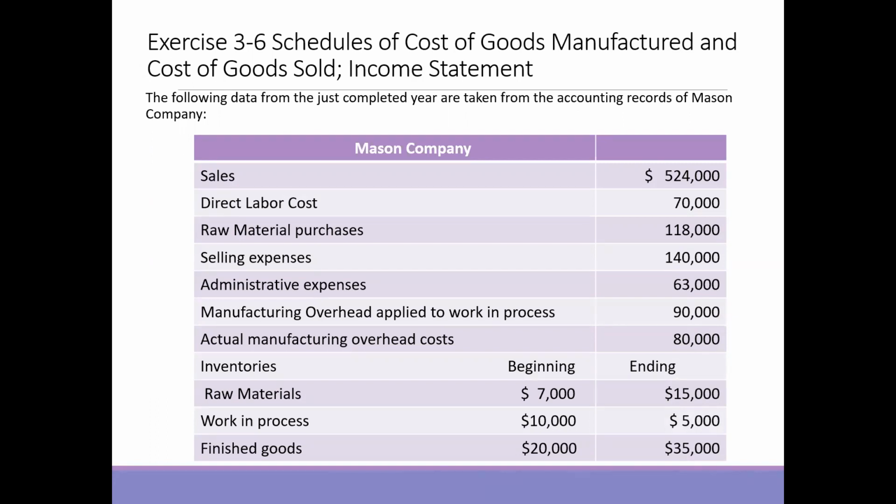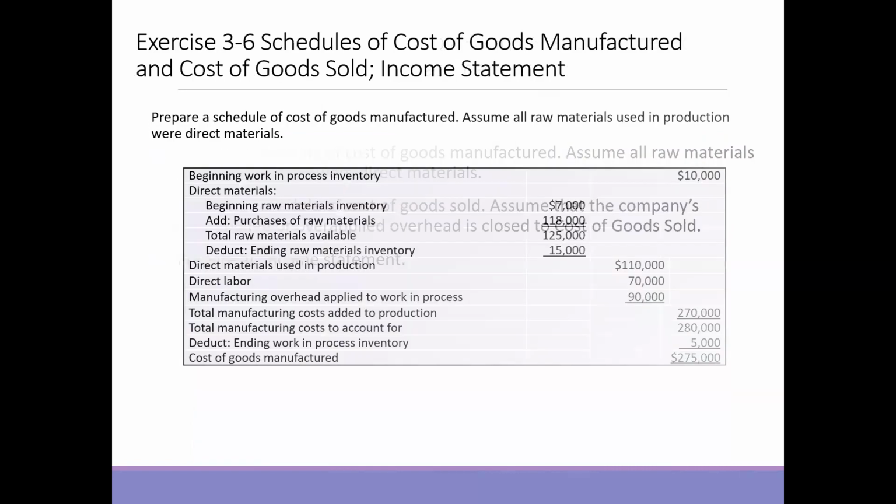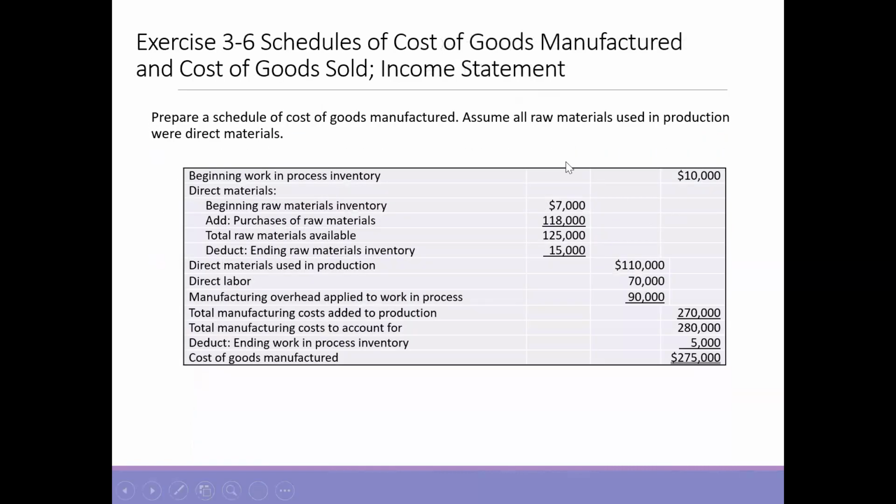We started with 7. We added 118. So total raw materials available is 125. If the ending inventory is at 15, that means we transferred into work in process 110.